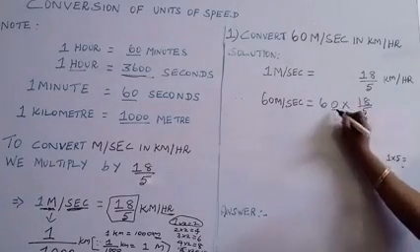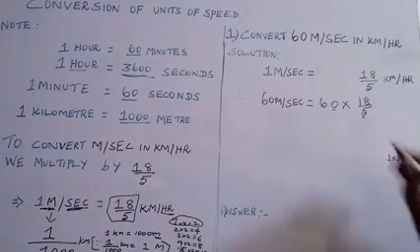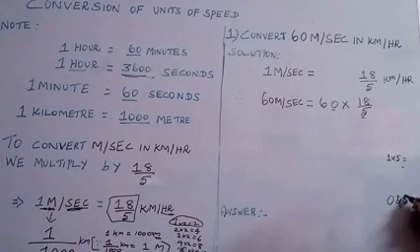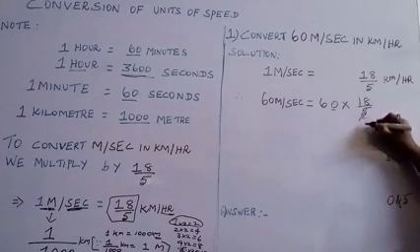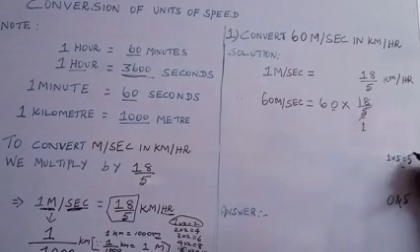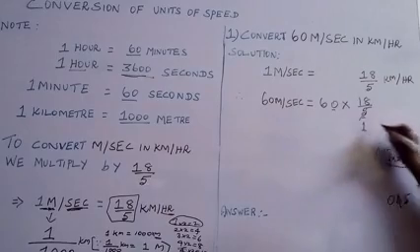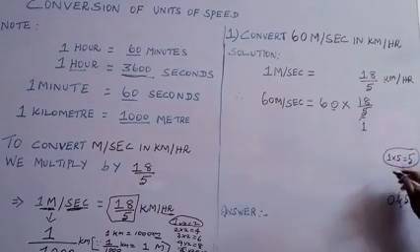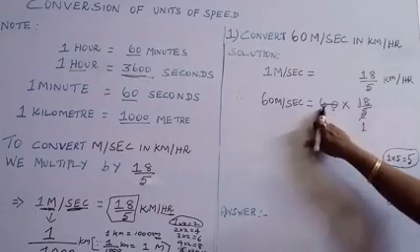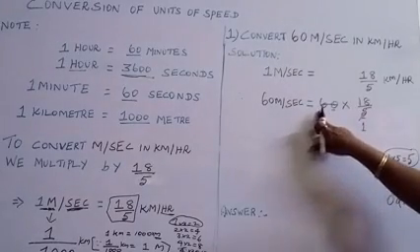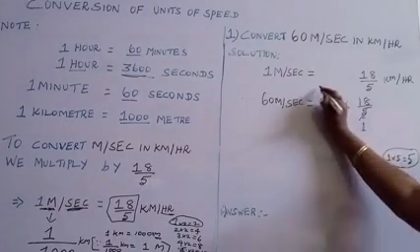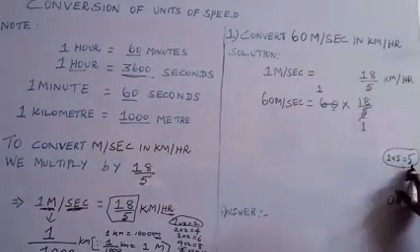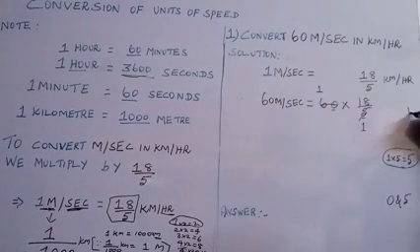Dear children, in your ones place you have 0 and 5, so that number should be divided by 5. How many times 5 in 5? 1 5 is 5, so I write 1 time. Then in 6, which is greater than 5, how many times 5 in 6? 1 time, children. 1 5 is 5, 6 minus 5, we get remaining 1.